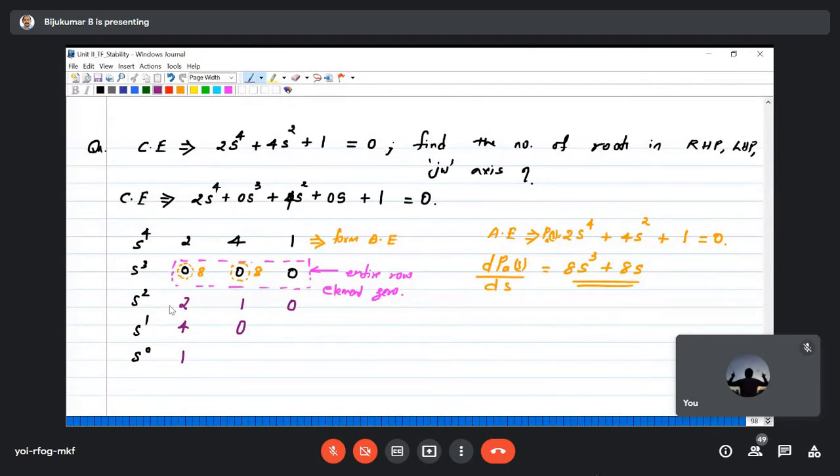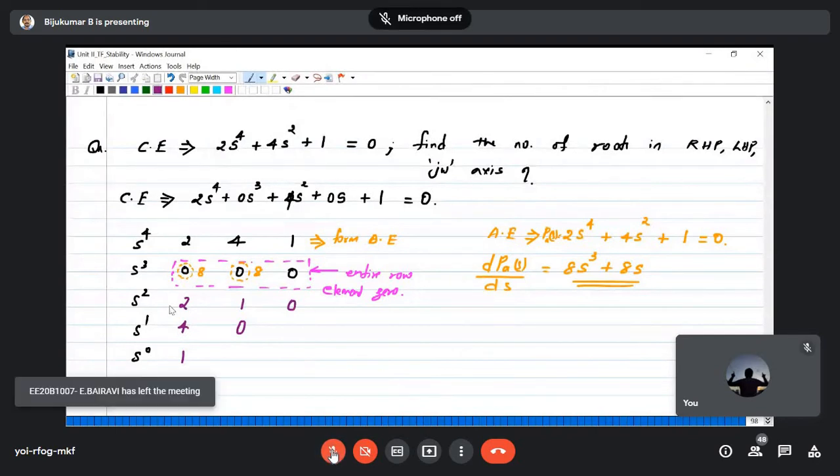If you have any doubt, please ask. You have to work out more problems also. Have you downloaded the textbook which I told you? That's the textbook name, Control System Engineering. Do you have the PDF?